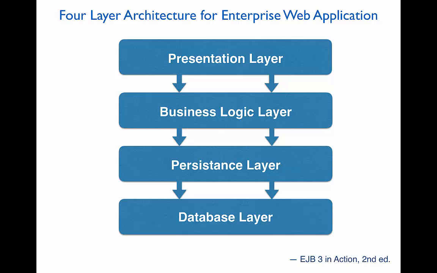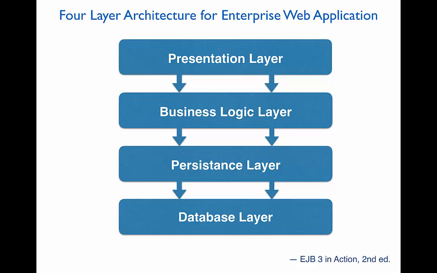Here, the presentation layer is the user interface. It may be a browser or a desktop application. The business logic layer defines the business rules. The persistence layer deals with interactions with the database. And the database layer consists of a relational database like MySQL that stores the persistent objects.